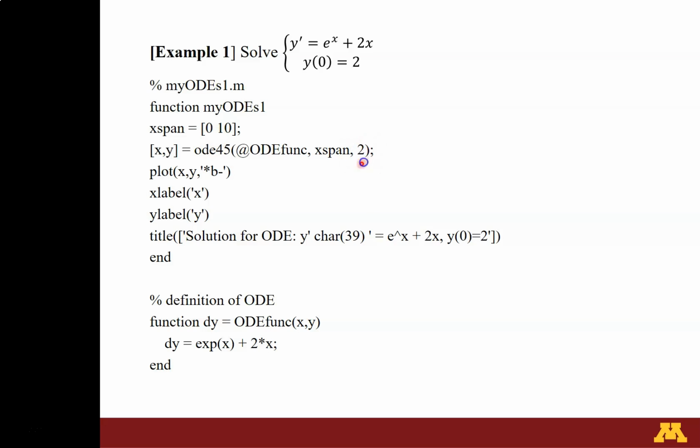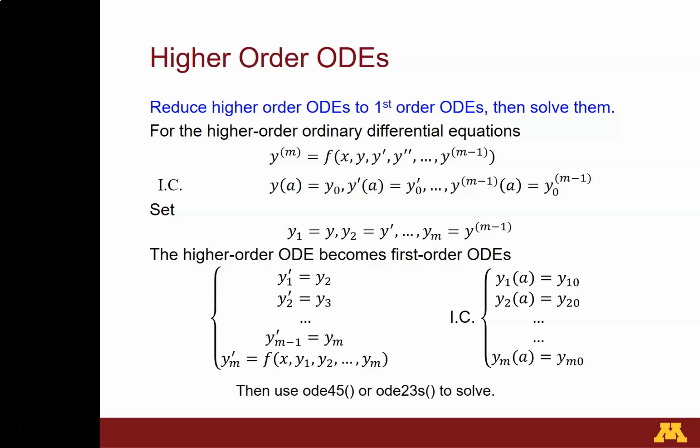And 2 is the initial value given here, at x equals 0, y equals 2. So with this method, we can calculate x, y. y is the value at x. These are two vectors, right?